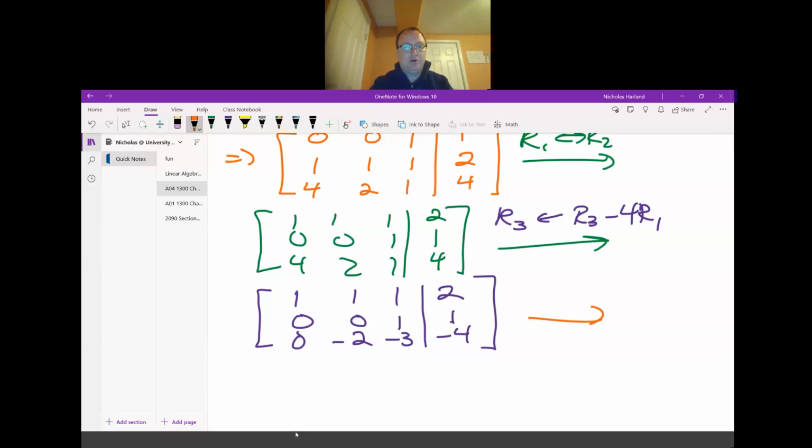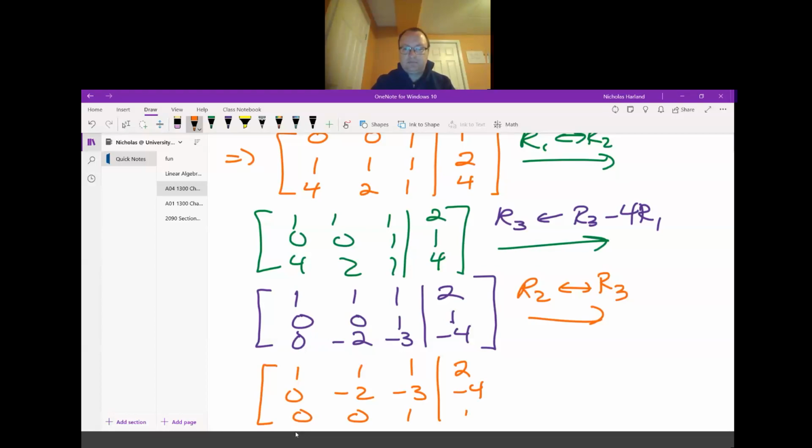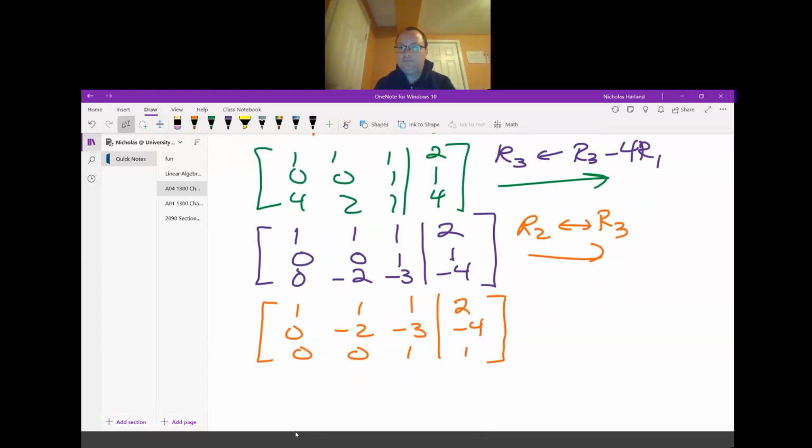Switch the last two rows, again, for what purpose? I agree we should do it. Why? Right.